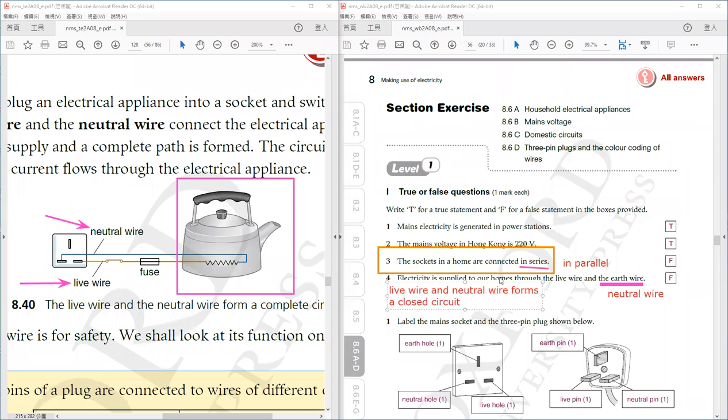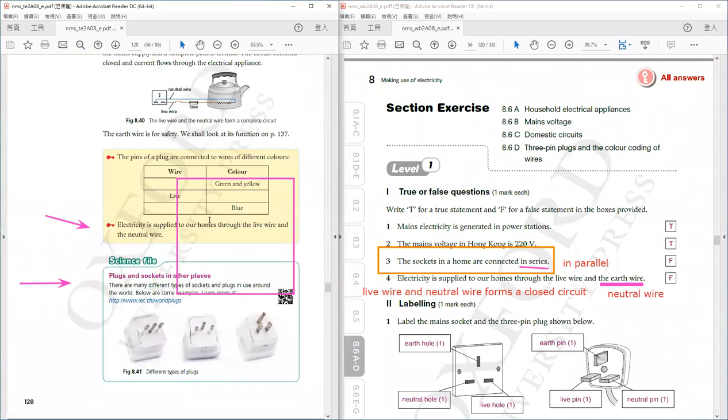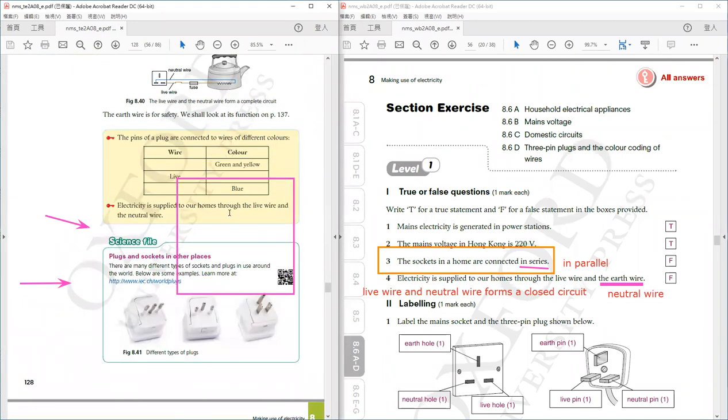We use this term, form a closed circuit. Okay. If you want to take a look, this is page 128.